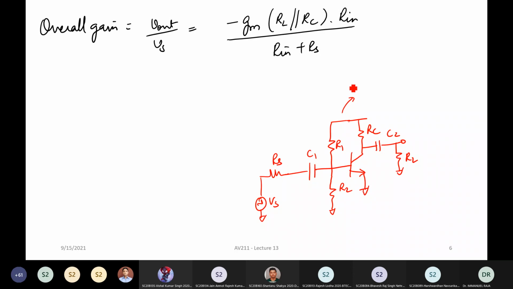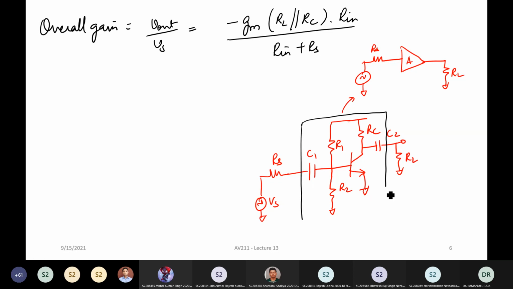Now this can be expressed basically. I'm comparing this with a black box of an amplifier, right? So in that case, my A is going to be, this is my amplifier. So the intrinsic amplifier is this much. The overall gain is defined as V out divided by Vs, and I'm defining this node voltage as Vn, whatever is occurring here.